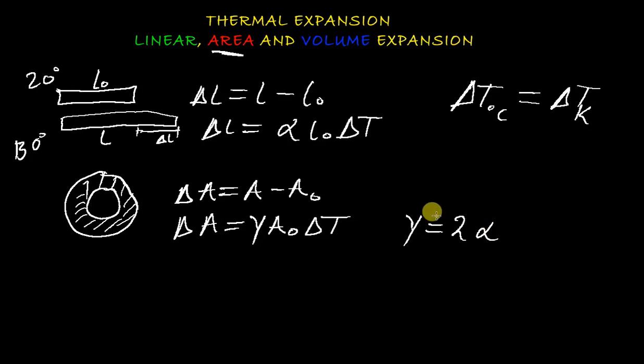This gamma is not exactly equal to this, hence we don't use the equal sign; we use the approximation sign.